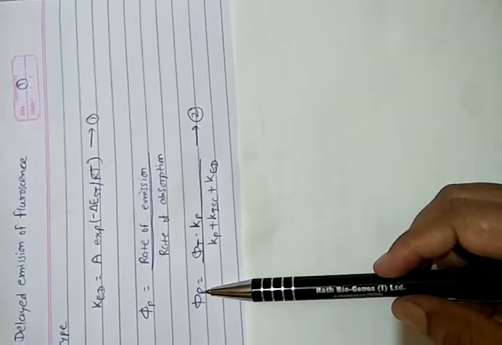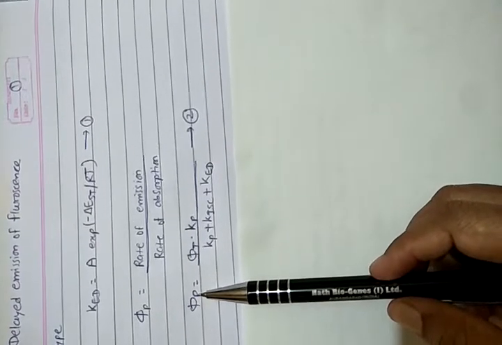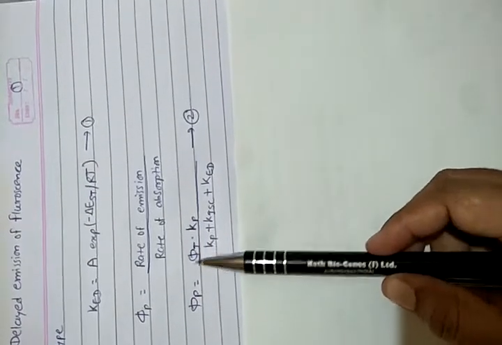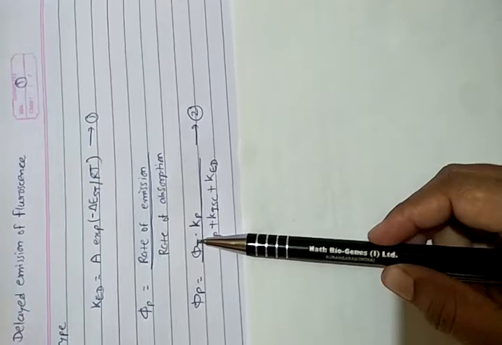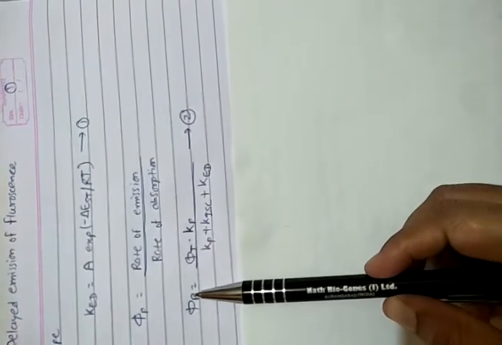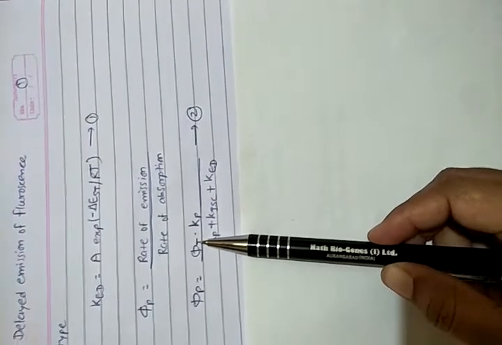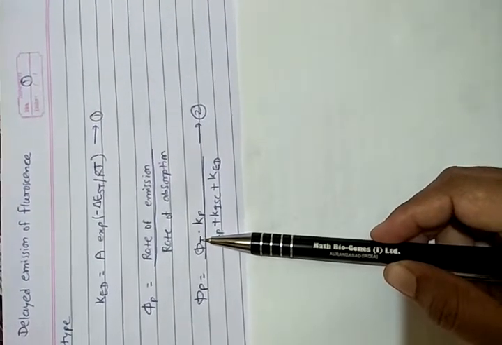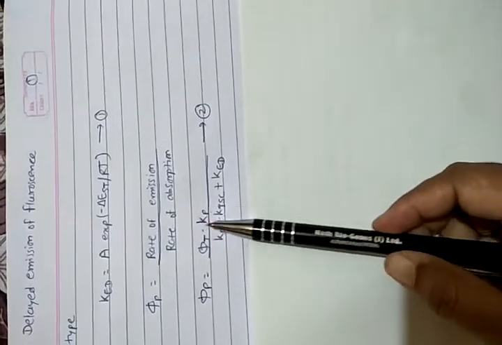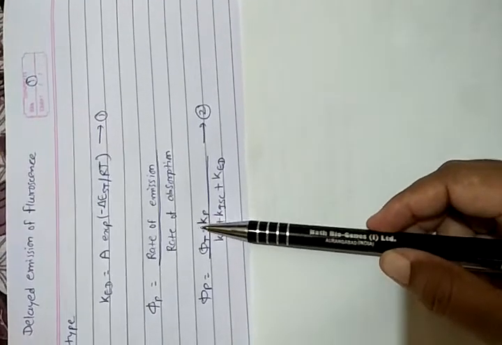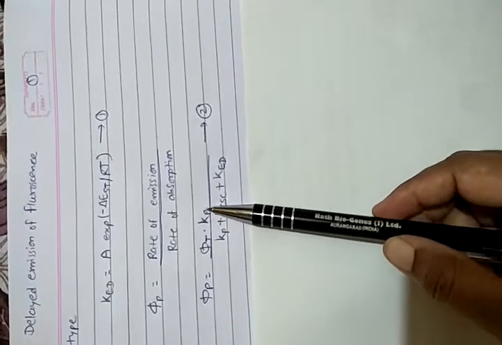So phi_p is equal to the quantum efficiency of triplet state formation, because during the phosphorescence process the first step is triplet state formation, and the molecule from the triplet state will emit the radiation and will give the phosphorescent radiation.